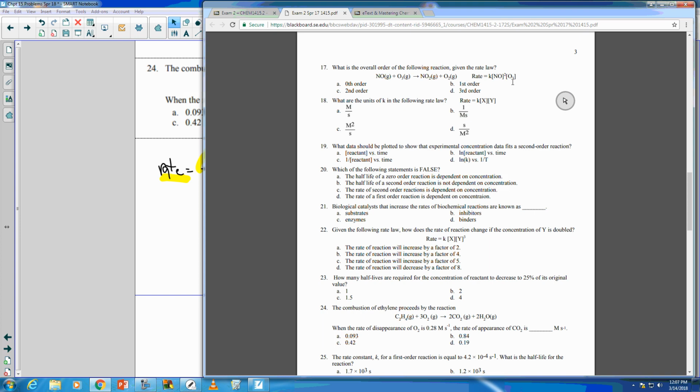Are you gonna have that table? That table's on the equation sheet. So if you look at the equation sheet, the table's there. All you have to do is go to that equation sheet and find where it's got the integrated rate laws for a zero, first, and second order. Know which one goes to which. And just look at it. So do you have to memorize it? No. So what is it? B, inverse molarity, inverse seconds? Yeah. Okay, so that's what it is for a second order.